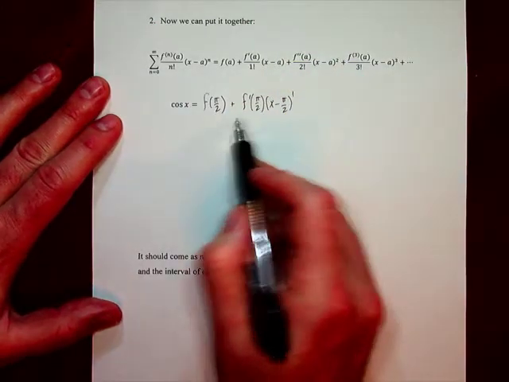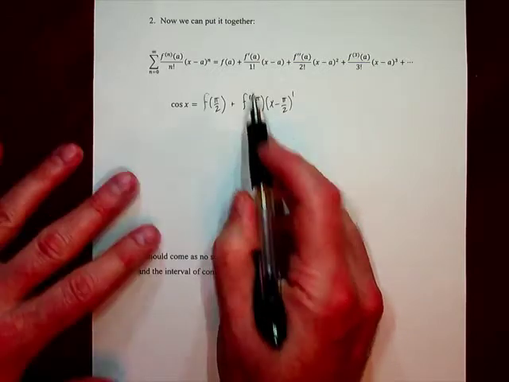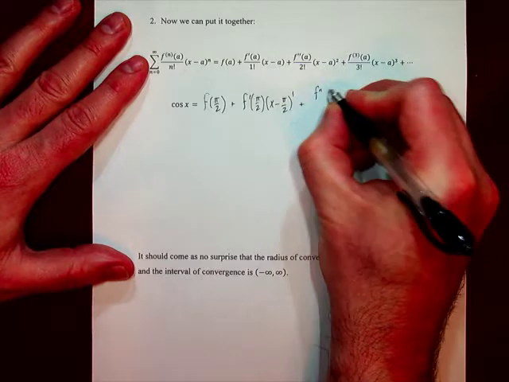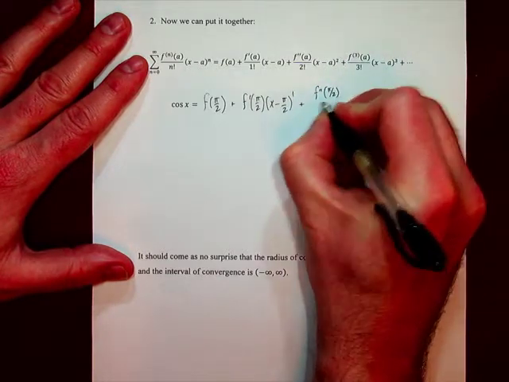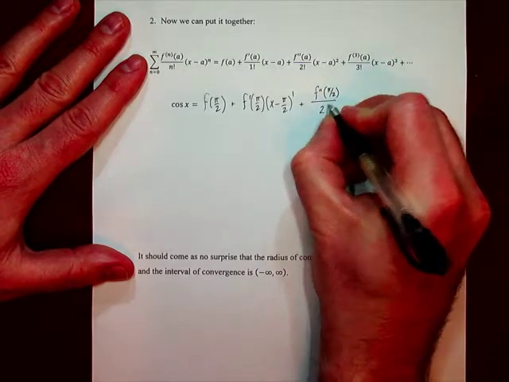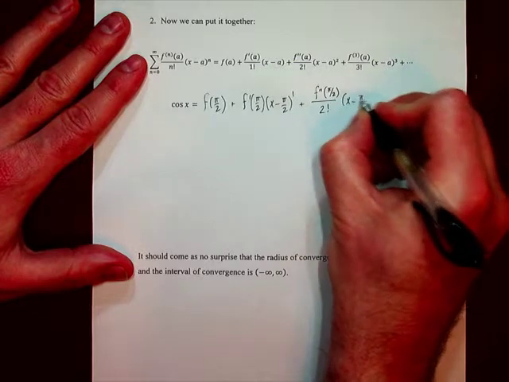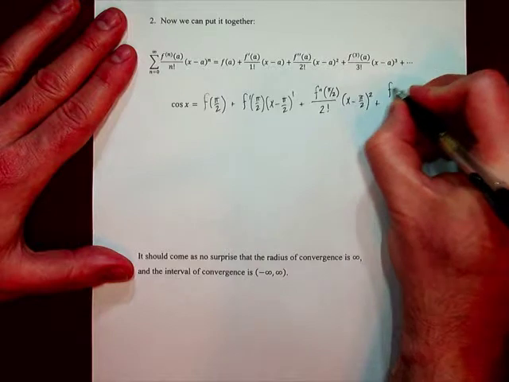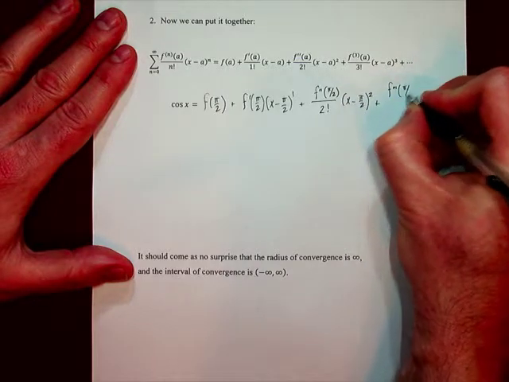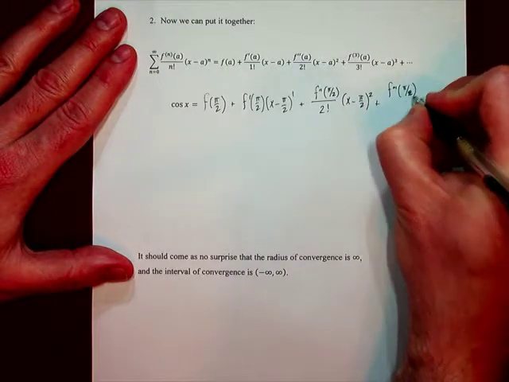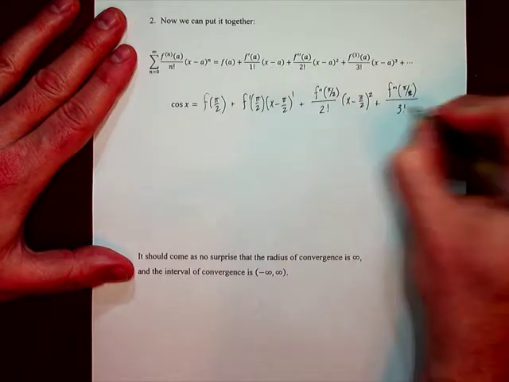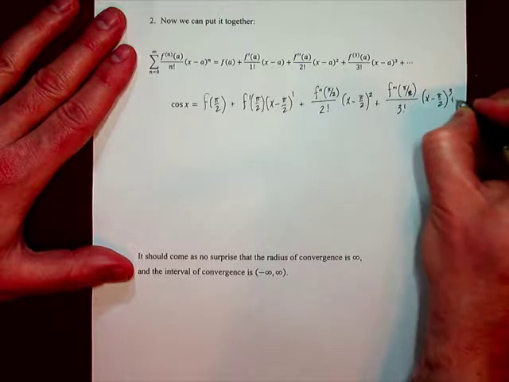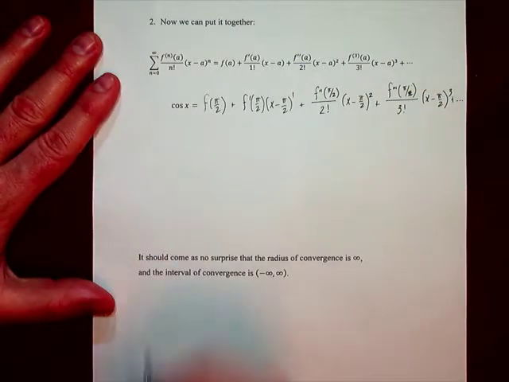The only reason I didn't put a denominator is because it's 1 factorial, right? Now this next one becomes the second derivative over 2 factorial, and then x minus pi over 2 squared. And then the third derivative at pi over 2 over 3 factorial, and then x minus pi over 2 cubed, and on and on.